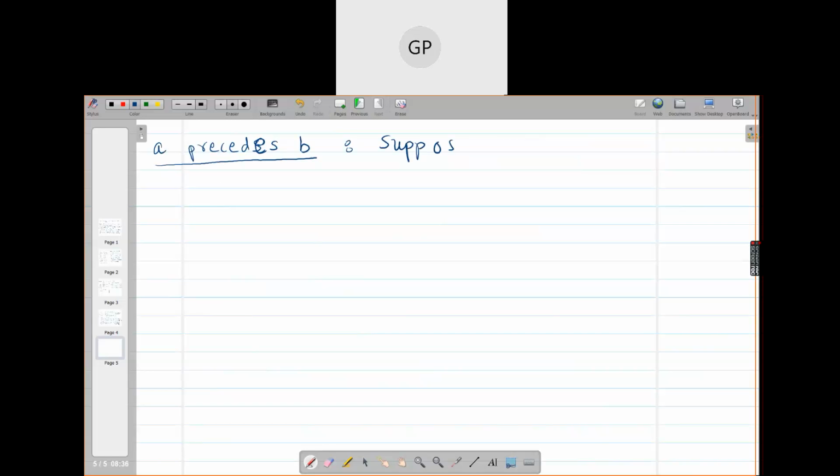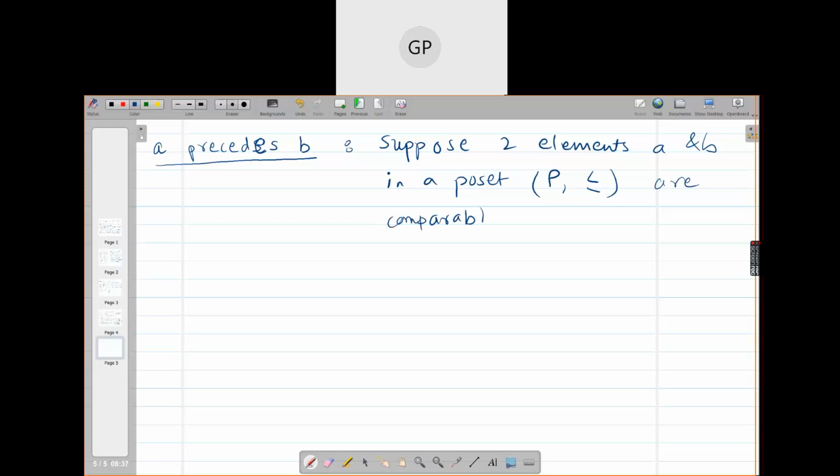Suppose 2 elements A and B in a poset P, less equal, are comparable and A is less equal B. So we read this as A precedes B.